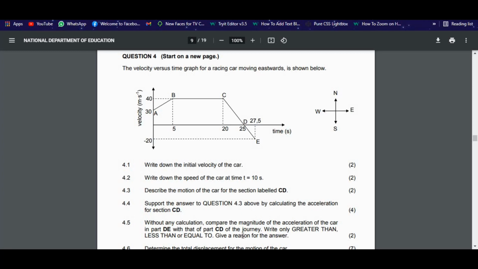Somebody, either Mia, Nabila, or even Jordan, because I'm sure you can read a graph. What would be the initial velocity of this racing car from the graph? Anybody? Come on. It's just reading it off the graph.